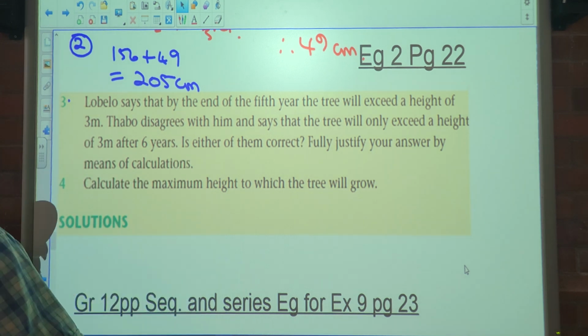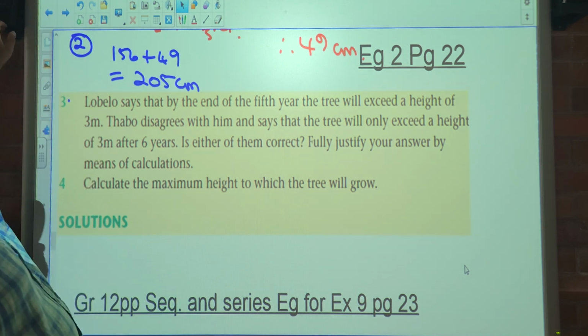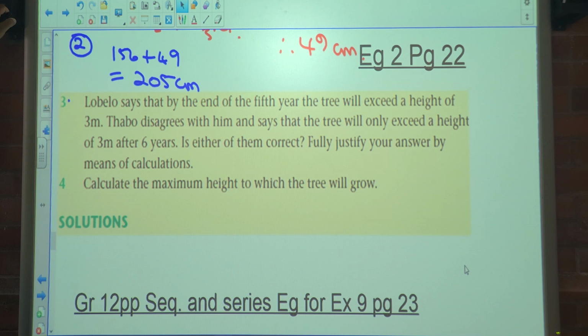Surplus or more. So in other words, he says that at the end of the 5th year, the tree will be taller than 3 meters. Tabo disagrees with him and says that the tree will only exceed the height of 3 meters after 6 years. Is either of them correct? Justify your answer by means of calculations.